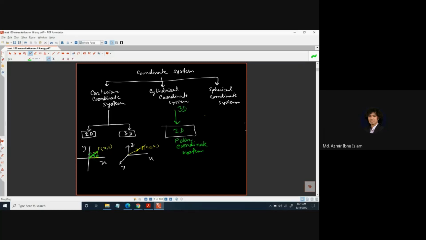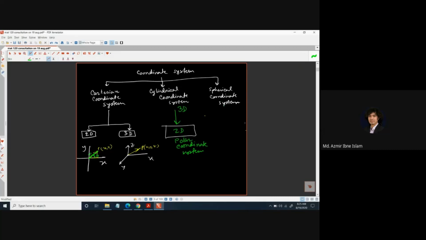So instead of p of xy, we can also represent this one as p of r theta. So this is polar coordinate system. So that means polar coordinate system is a classification of cylindrical coordinate system. So the two-dimensional cylindrical coordinate system is actually called polar coordinates.